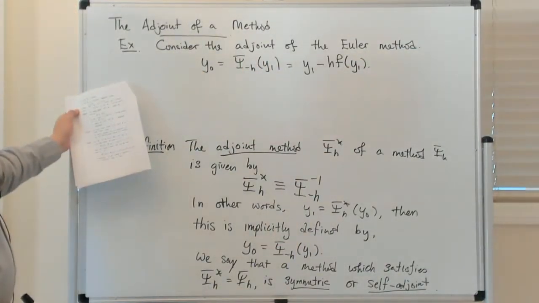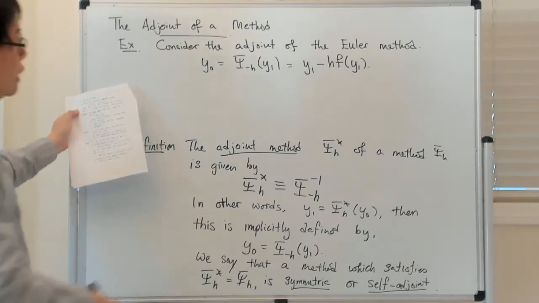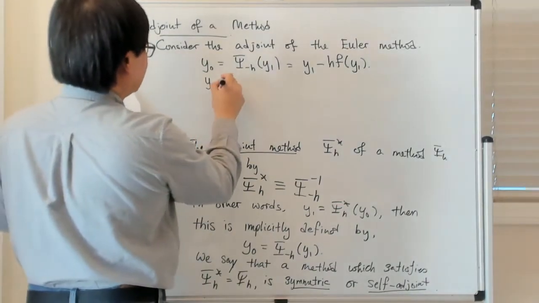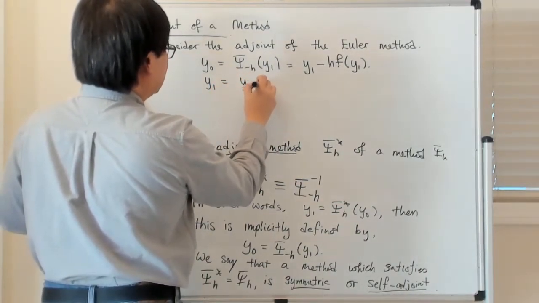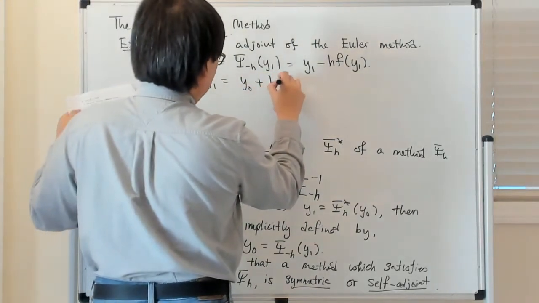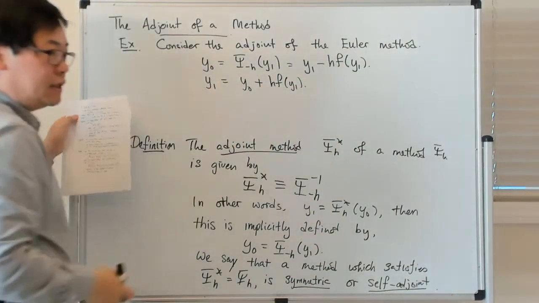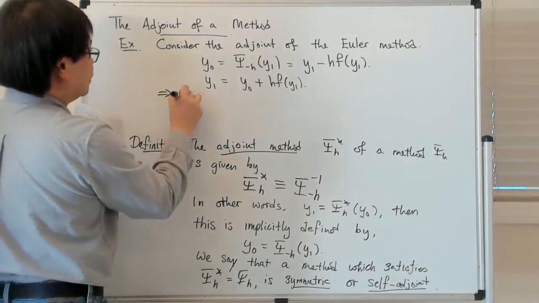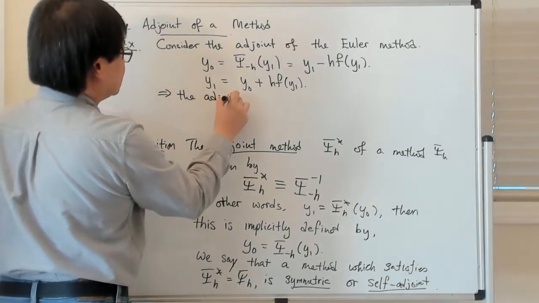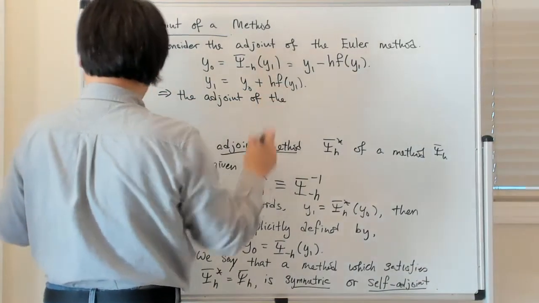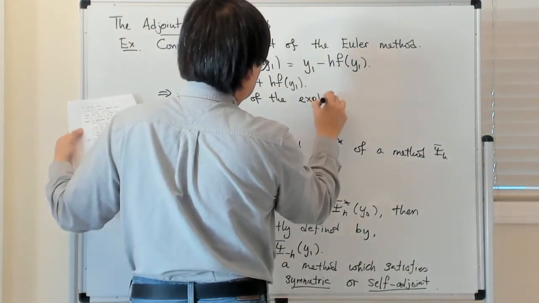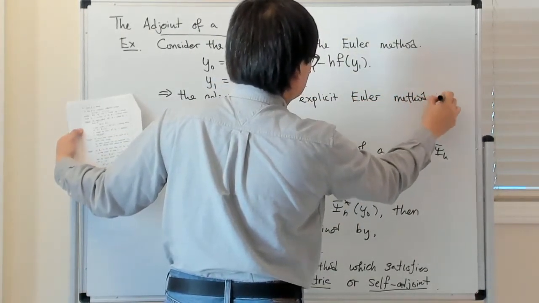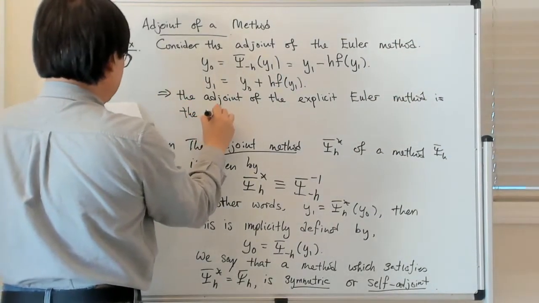Yes? And so, of course, you can move this to the left-hand side, and this tells you that the adjoint method you have is y1 is equal to y0 plus h f evaluated at y1, which is, of course, the implicit Euler method. So this implies that the adjoint of the explicit Euler method is the implicit Euler.